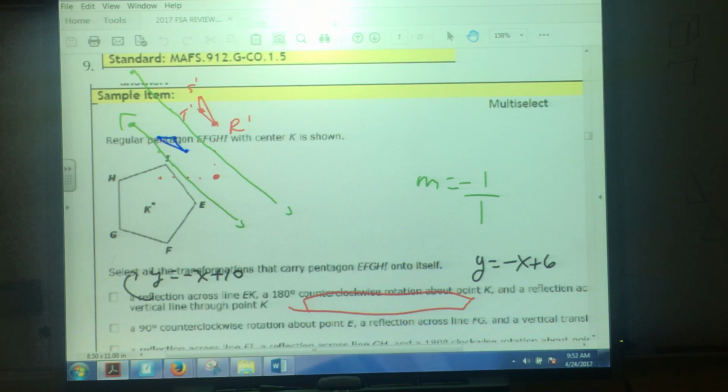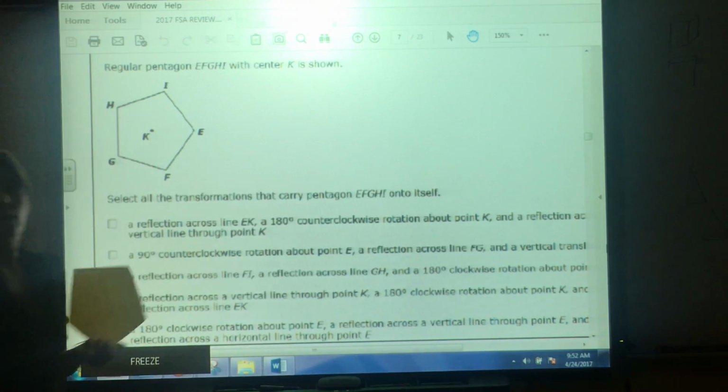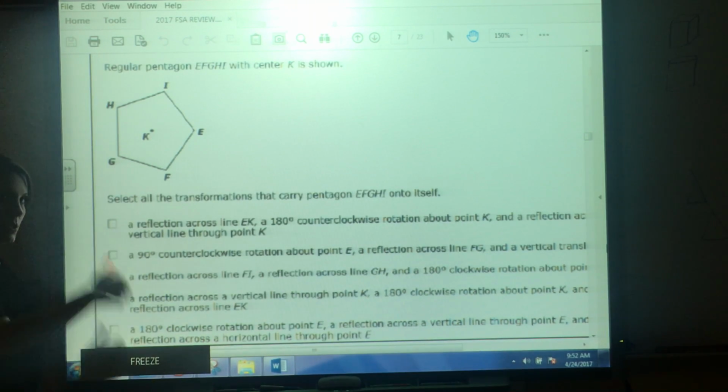All right. Okay, this one here is a little crazy. Guess what? Select all that apply. That means you need to go through.